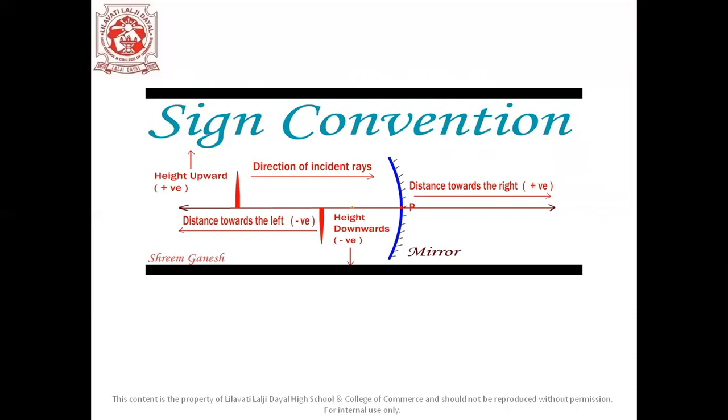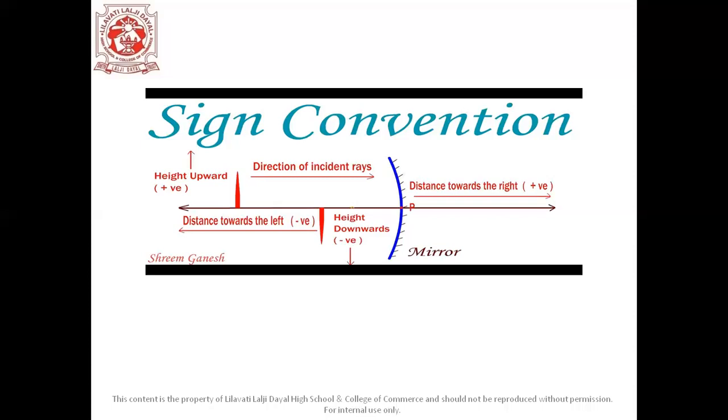Then all the distances measured to the right of the origin are taken as positive, while the distances measured to the left of the origin are taken as negative. The distance measured perpendicular to and above the principal axis is always positive.